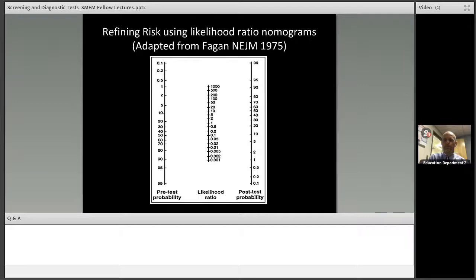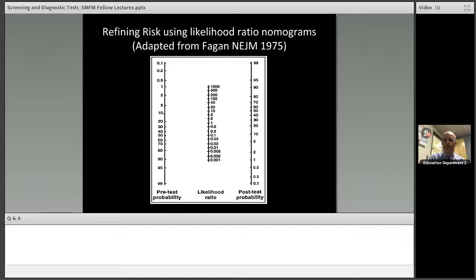One way of using likelihood ratios that I also like is by using this kind of table, which was published in 1975, quite a while ago, in the New England Journal of Medicine. It's called a nomogram of likelihood ratios, and it goes from likelihood ratios from 1 to as high as 1,000, and from 1 to as low as 0.001.